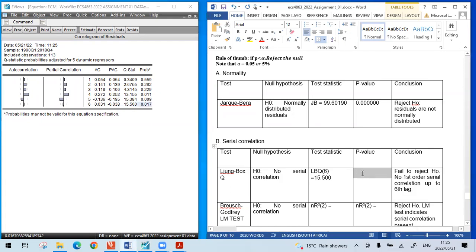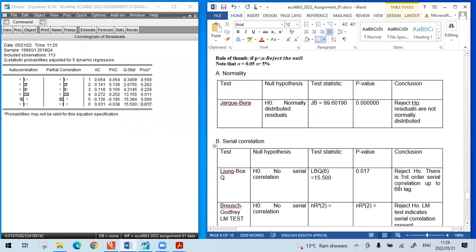What is the conclusion? We reject H0, meaning there is serial correlation.